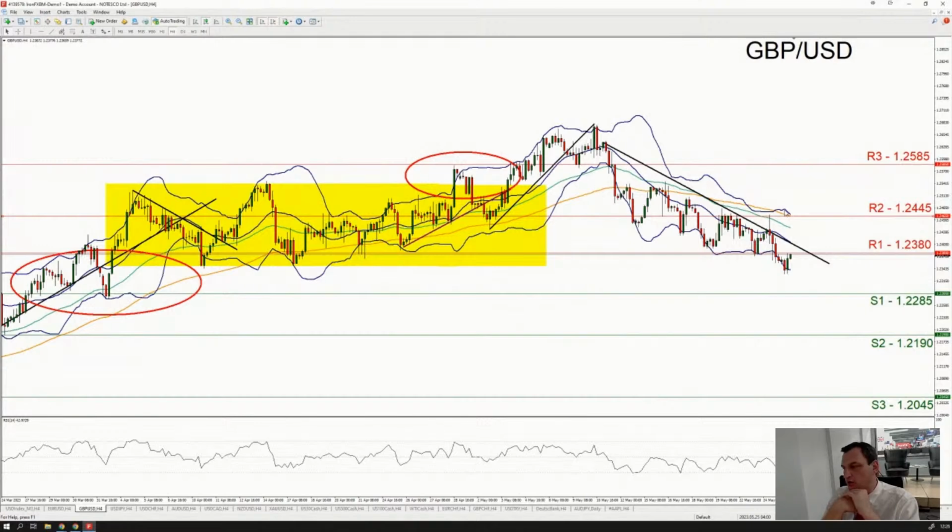For a bullish outlook, I would require a higher peak than this and this one. So I would like to see the price action rising, breaking the 1.2380, breaking the downward trend line, once again showing an interruption of the downward movement, but I would like it also to break the R2 1.2445, which would be signaling the possibility of an initiation of a bullish movement. And that would also allow us to start drawing an upward trend line, showing us the limitations.